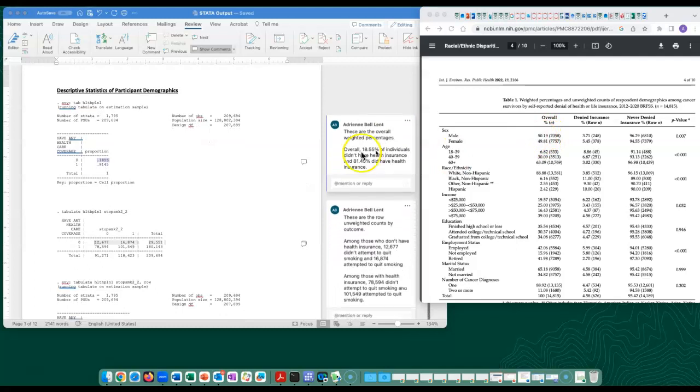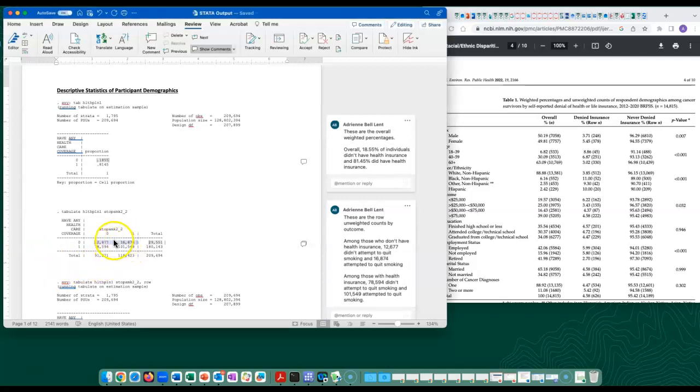Now, if you scroll down, the next output you have here for this health plan variable is looking at that health insurance variable broken out by the outcome variable, which is having a quit attempt or attempting to quit smoking. So the data in these cells are the row unweighted counts by the outcome.